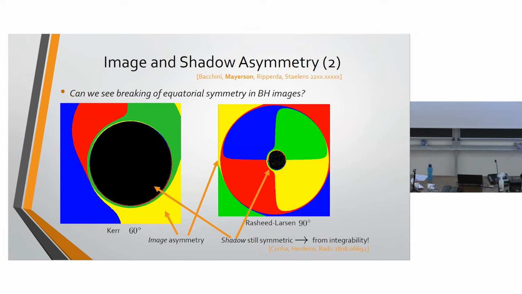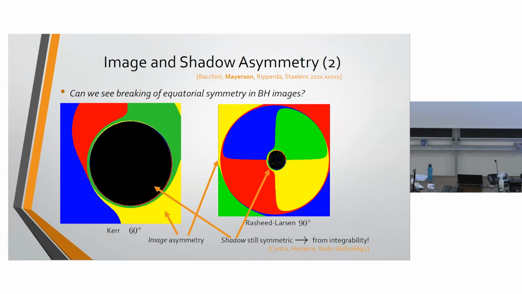This is an example of a Rashid-Larsen black hole. Doesn't matter what it is, but it's a black hole that breaks equatorial symmetry. And so you see, this is at 90 degrees, but nevertheless, you see asymmetry. There are these features that are not up-down symmetric.